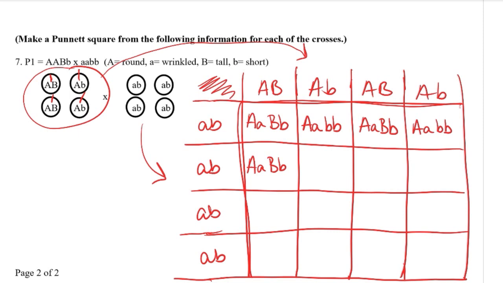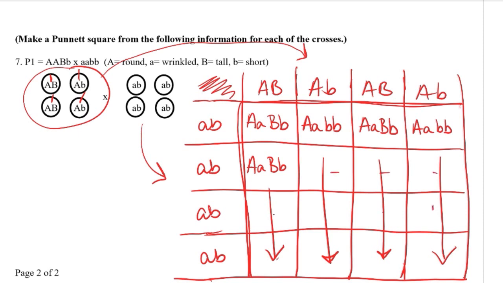So I can either fill it all out, or as long as you remember to include it in your counting, you can draw a line, an arrow down, showing that it's the same. But like I said, if you do genotype and phenotype, do not forget to add all of these squares when you're doing your ratios or percentages.